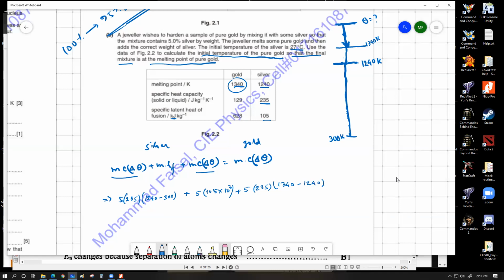This is the total heat absorbed by the silver piece, should be equal to 95 fraction of gold, 129 into unknown temperature theta, which we want to find out, minus 1340.